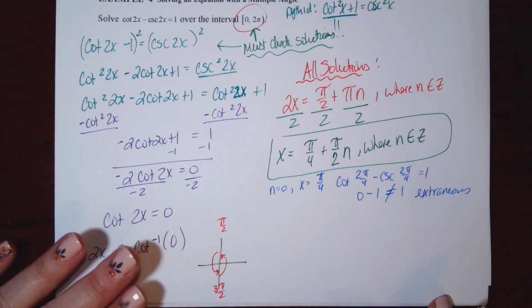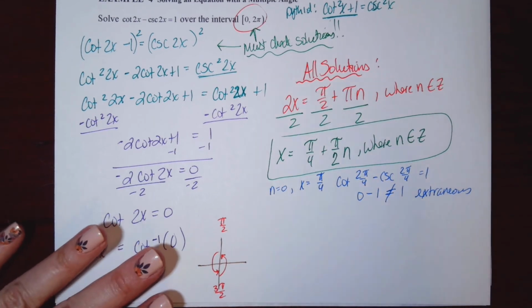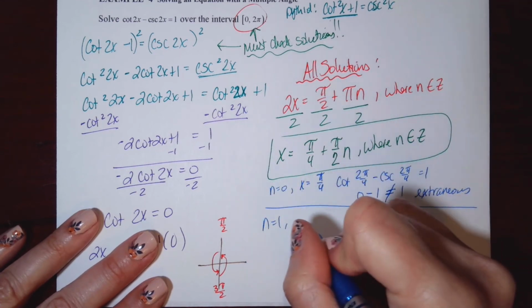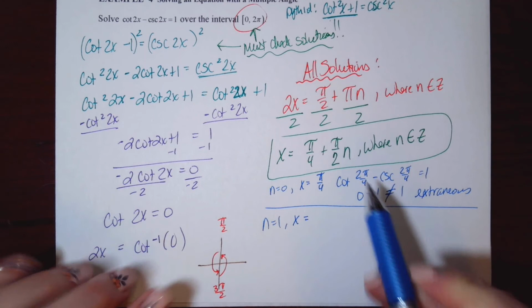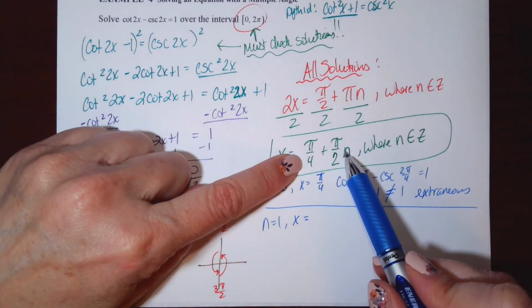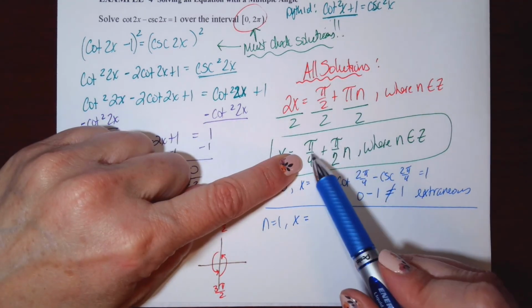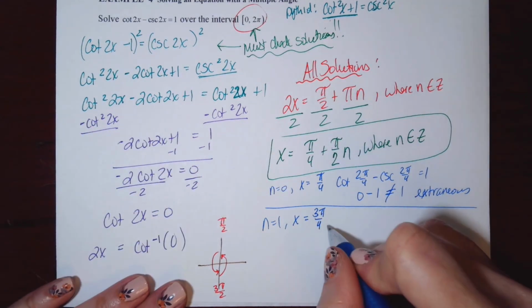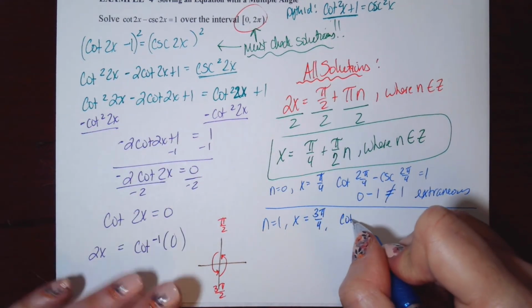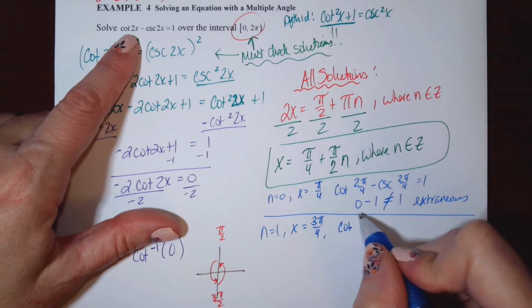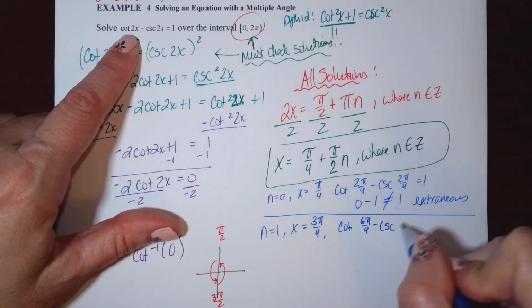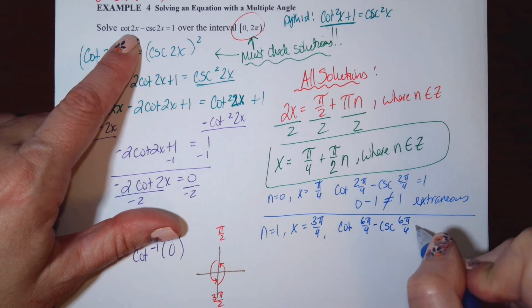So what happens if I get around to n equals 1? Well, at n equals 1, I've got x equals pi fourth plus pi half. That would be 2 pi fourths, and 1 pi fourth is 3 pi fourths. So I've got cotangent of 2 times this, which is 6 pi fourths, minus cosecant of 6 pi fourths equals 1.